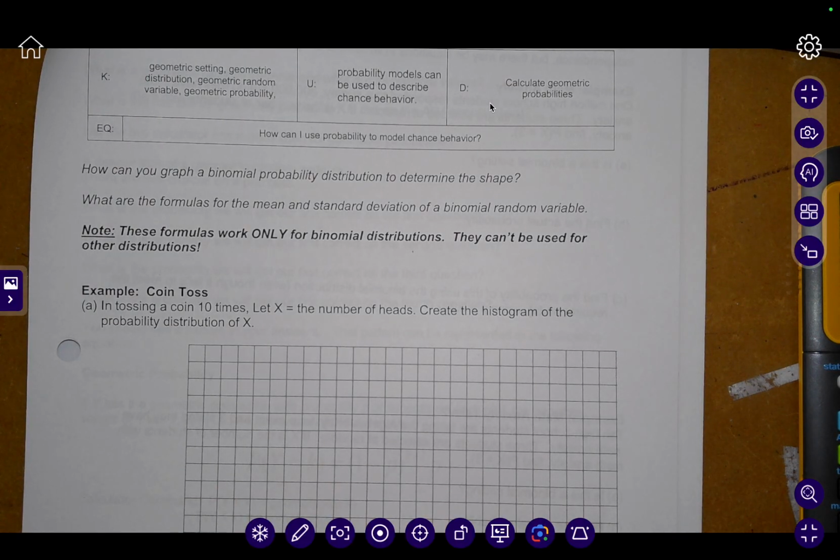So we can graph a binomial. We can graph it using the calculator. Basically, there's a couple things you can do here.